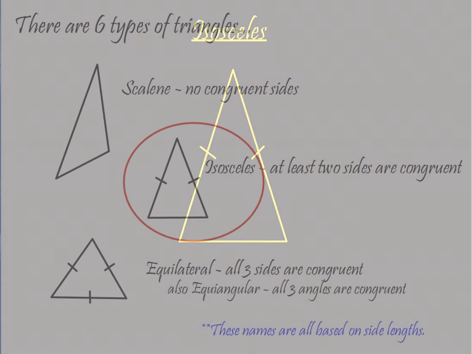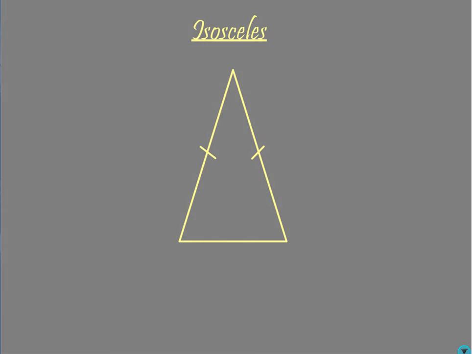So let's get a picture of just an isosceles triangle and let's go through a few more vocabulary terms. First of all, the third side that's not congruent to the other 2 is always called the base. Now this triangle can be turned, so the base will not always necessarily be at the bottom of the triangle, but it will be that third side that's not congruent to the other 2.